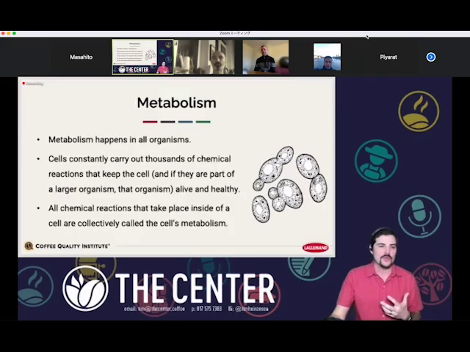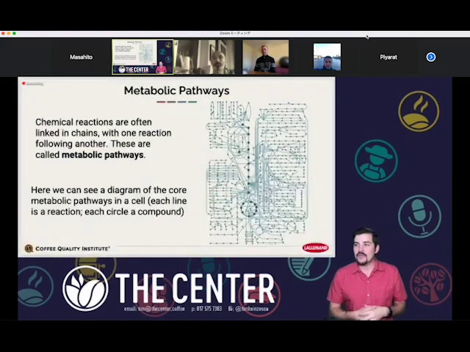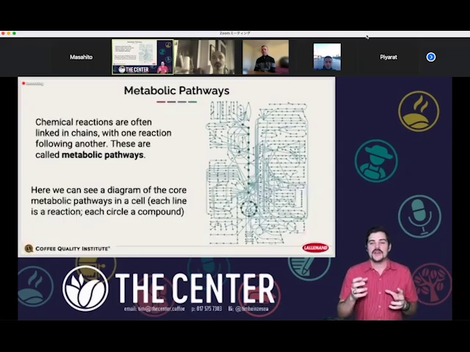Okay, well, what does that mean? If you look at this picture here, you can see a diagram of different types of metabolic pathways. What we mean by that is different chemical reactions and processes inside of a cell that are all about sustaining life and producing the compounds that are essential for survival.